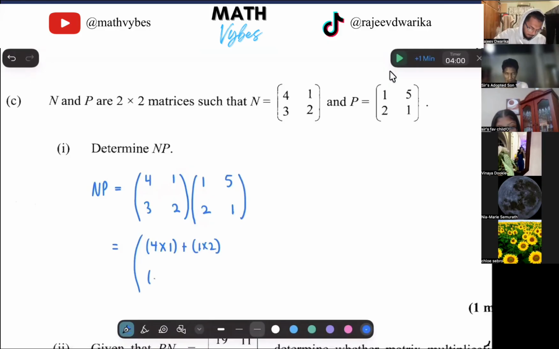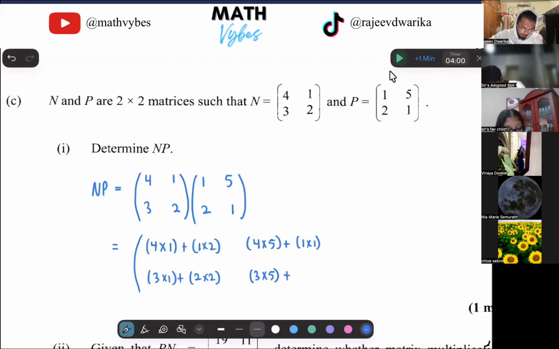So it'll be 3 by 1 plus 2 by 2. Great. So we're done with this column, then move on to the next one. So you have to say 4 by 5 plus 1 by 1. Then 3 by 5 plus 2 by 1.